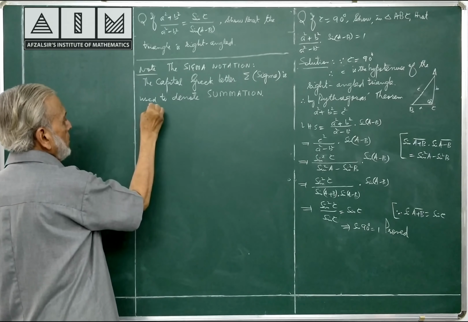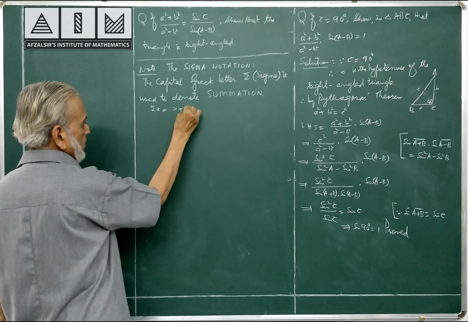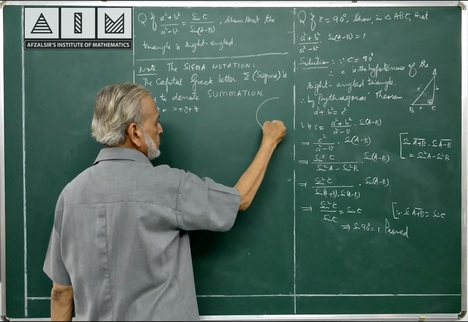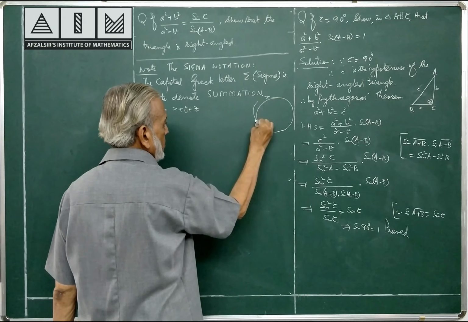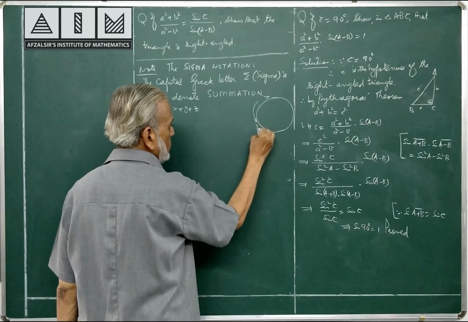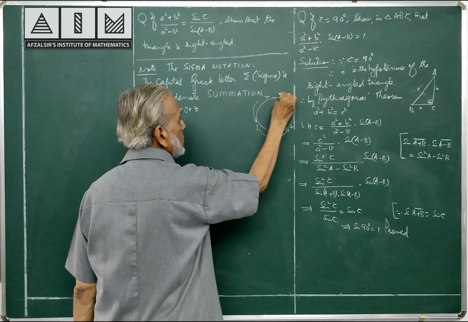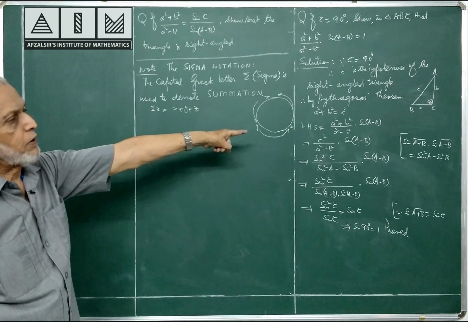See now, if I write sigma x, it means x plus y plus z. This comes from the cyclic order. If I write sigma x, I mean x plus y plus z.